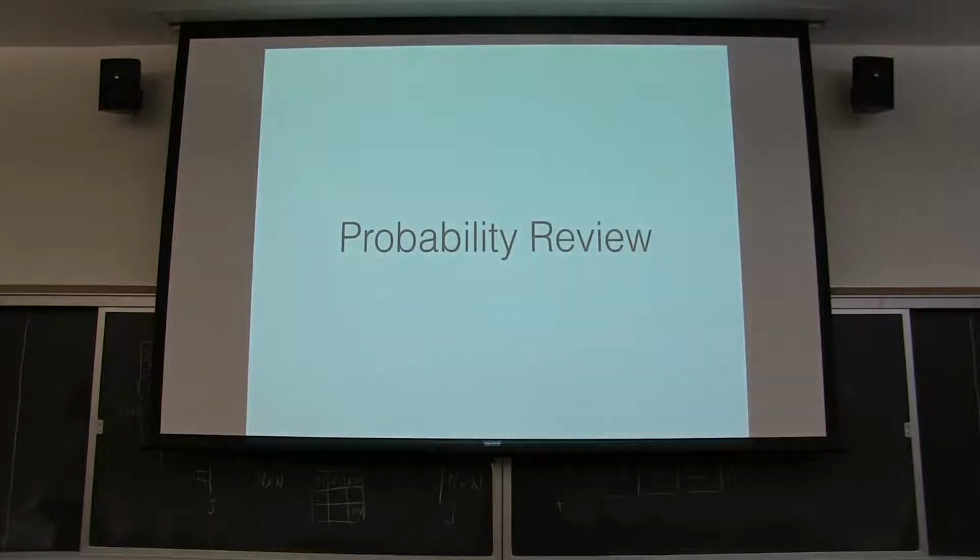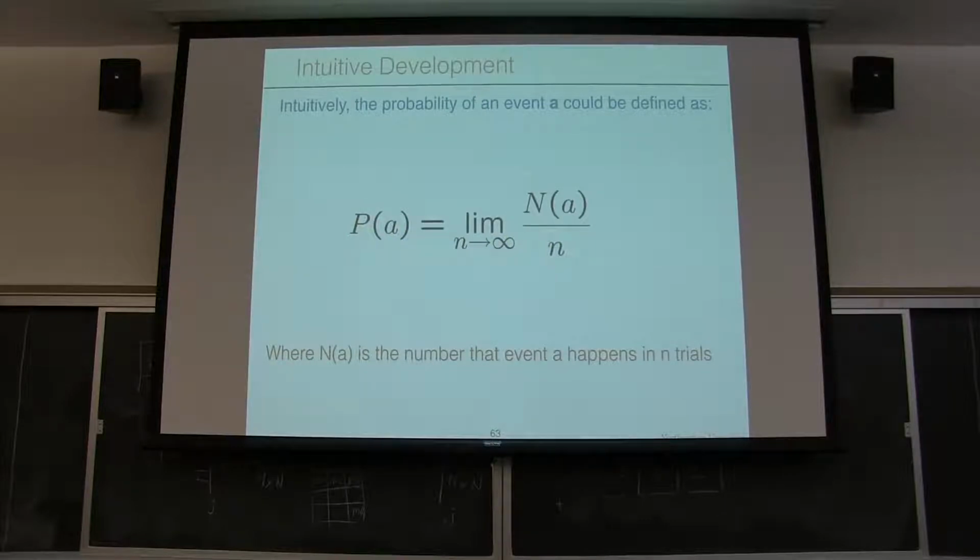As I warned you, we're going to talk a little bit about probability. Luckily, it's very simple probability that we're going to do in this class, mostly just expectation and conditional probability, but that's about it. Let me first talk about what we intuitively think about probability, which is basically a limit of a frequency ratio.